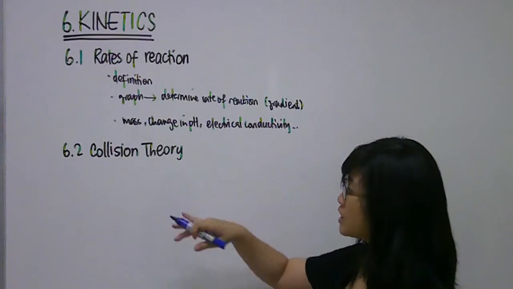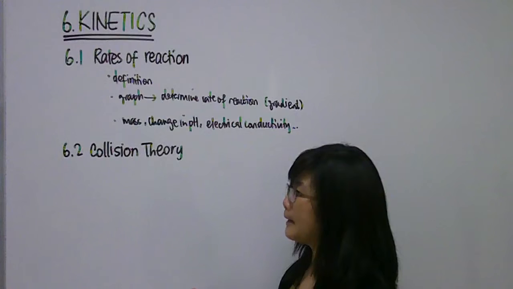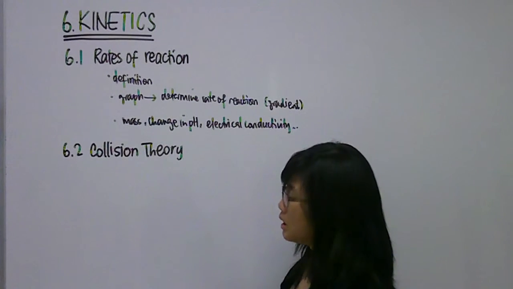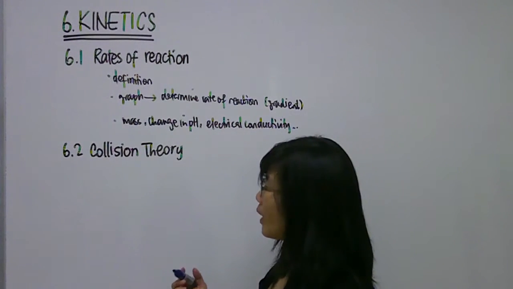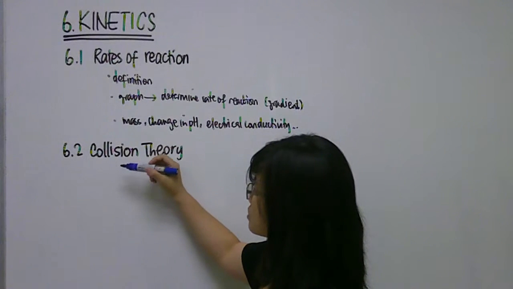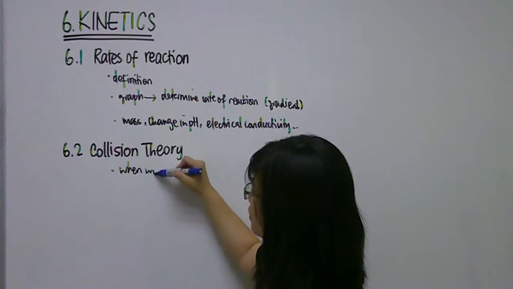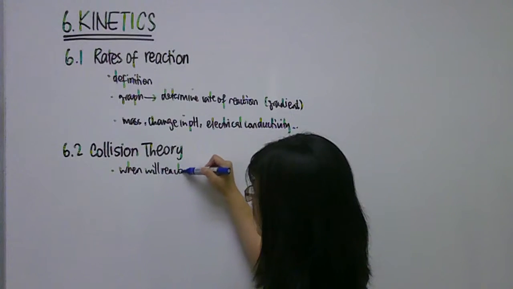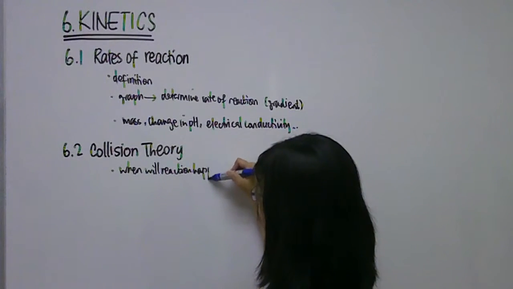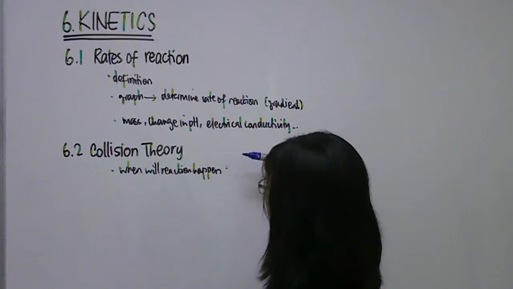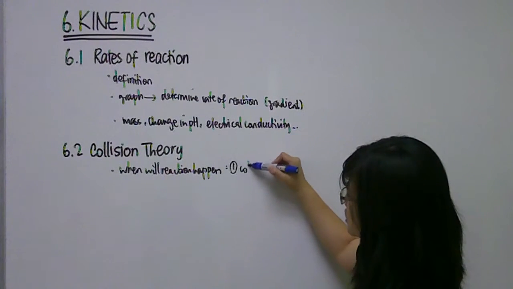Okay? So for collision theory, you need to explain what collision theory is. So it is when will a reaction happen? Based on collision theory, there are three things. There must be a collision.